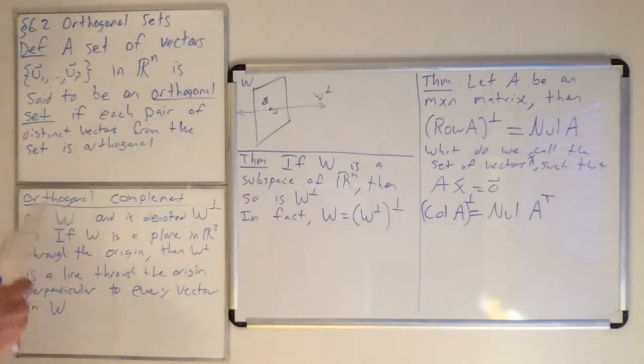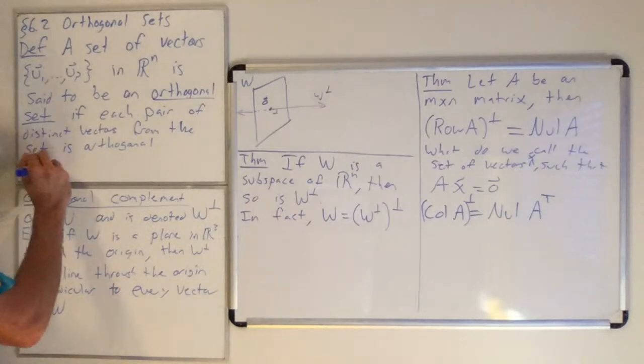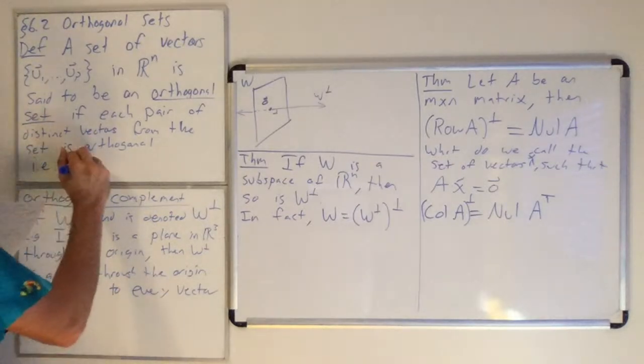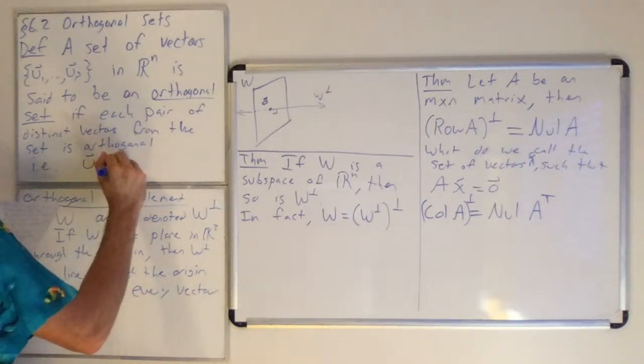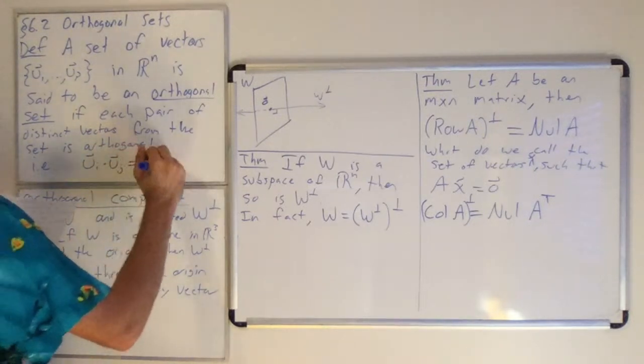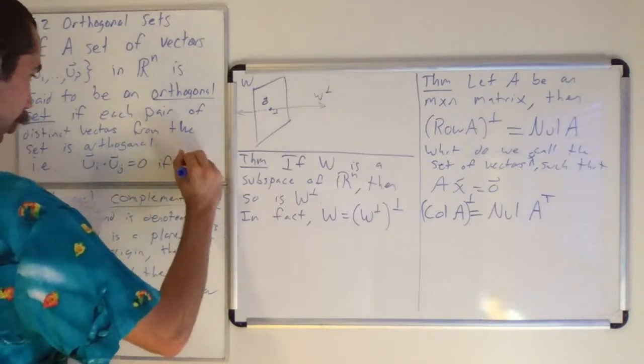Okay, what does that mean? I.e., ui dotted with uj is equal to 0 if i is not equal to j.